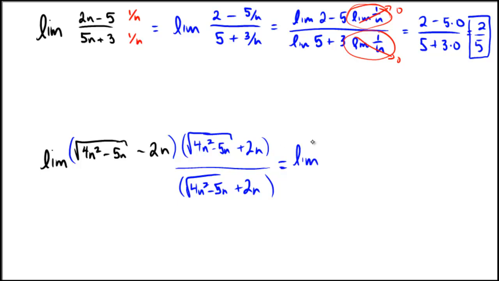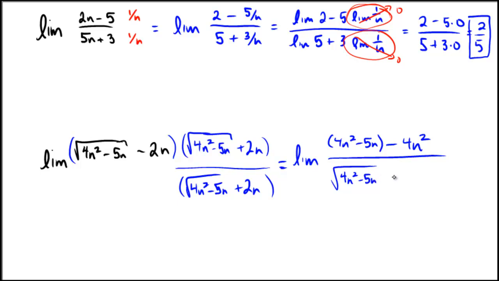In the top it's now a difference of squares, that's why we multiplied by the conjugate. So you get 4n squared minus 5n, subtracted by 2n times 2n, which is 4n squared. And in the denominator we have this radical of 4n squared minus 5n, plus 2n. Notice a little bit of convenient cancellation here, and that's really nice.